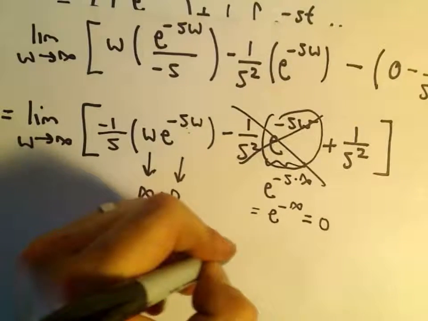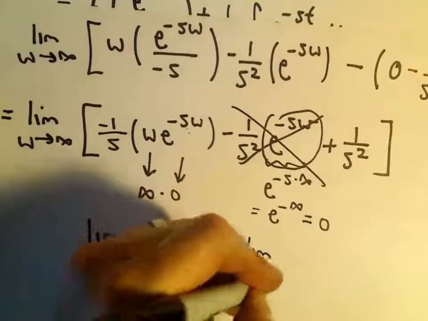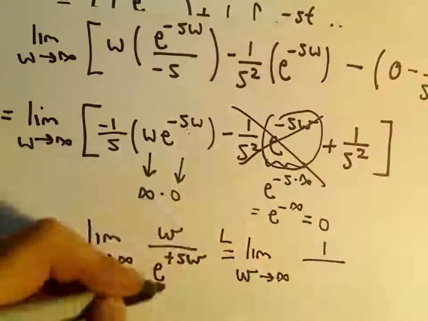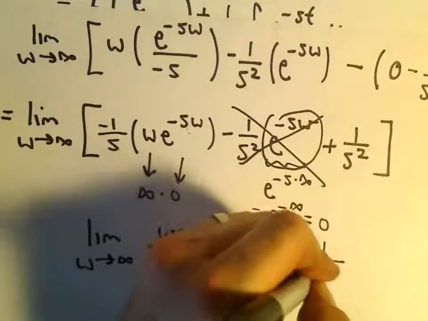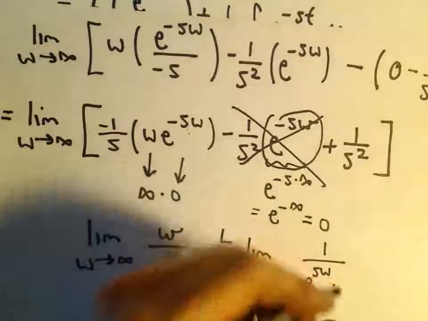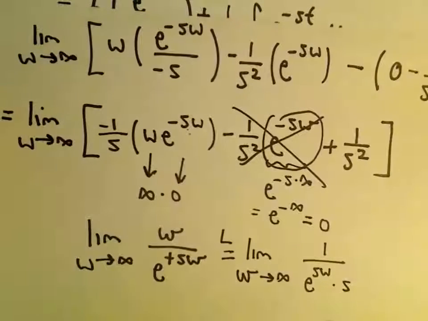Okay, so if we use L'Hopital's rule in this case, now we're treating w like our variable. We would just get 1 on top. We would get e to the sw, and then when we take the derivative of the exponent, treating w like our variable, we would get an extra s.